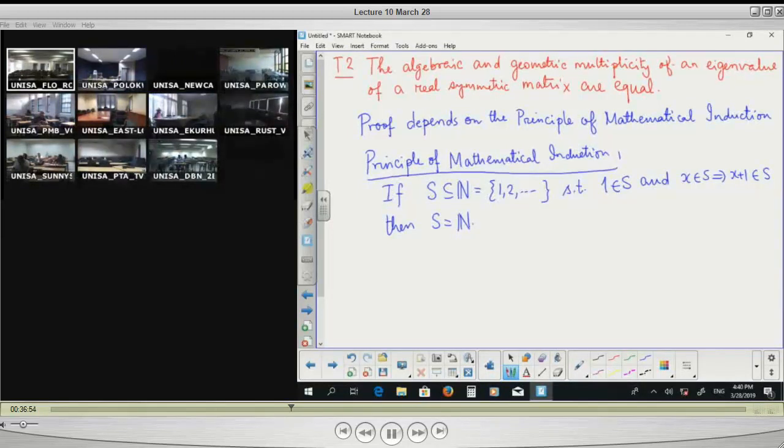Okay? So it is somehow telling you how to check. Why is this induction principle very important? You can check a statement, a single statement. Okay?